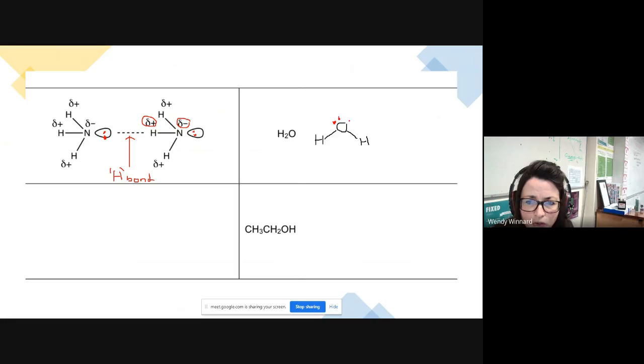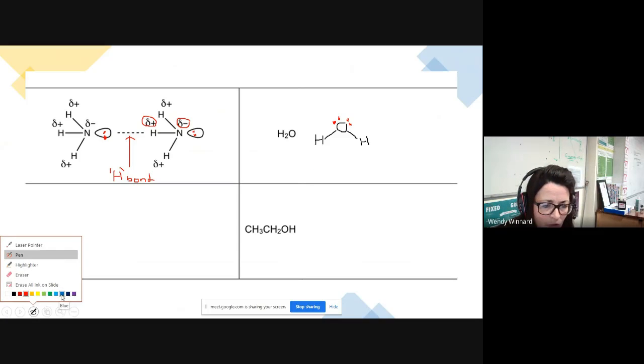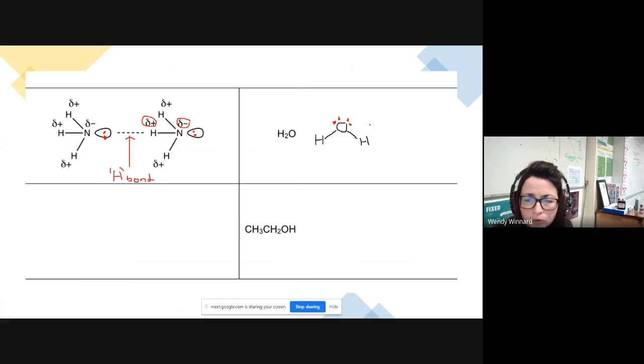I'm drawing my 2 lone pairs, and it's dead important you put the lone pairs on your oxygen atom. It's then vitally important that you draw the dipoles, the hydrogens with that little curl, delta plus, because the oxygen is more electronegative, and therefore that part of the molecule is permanently delta minus.